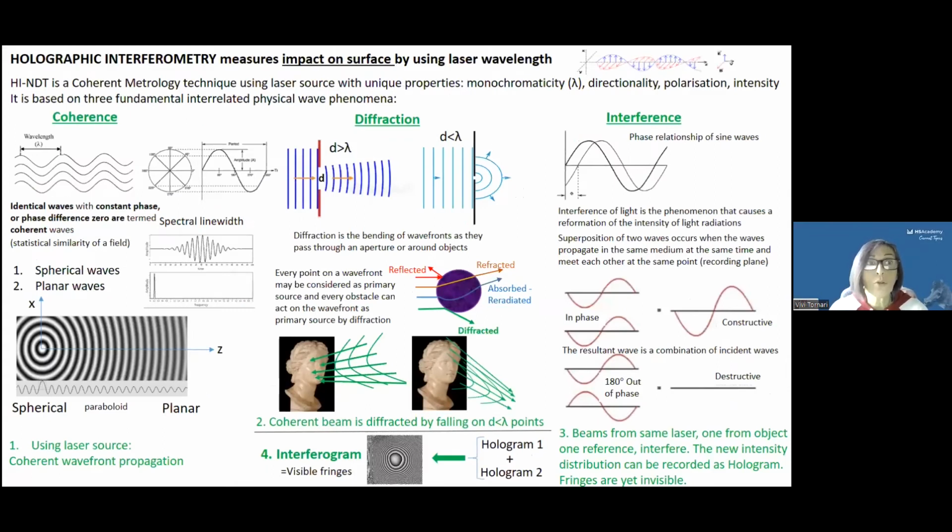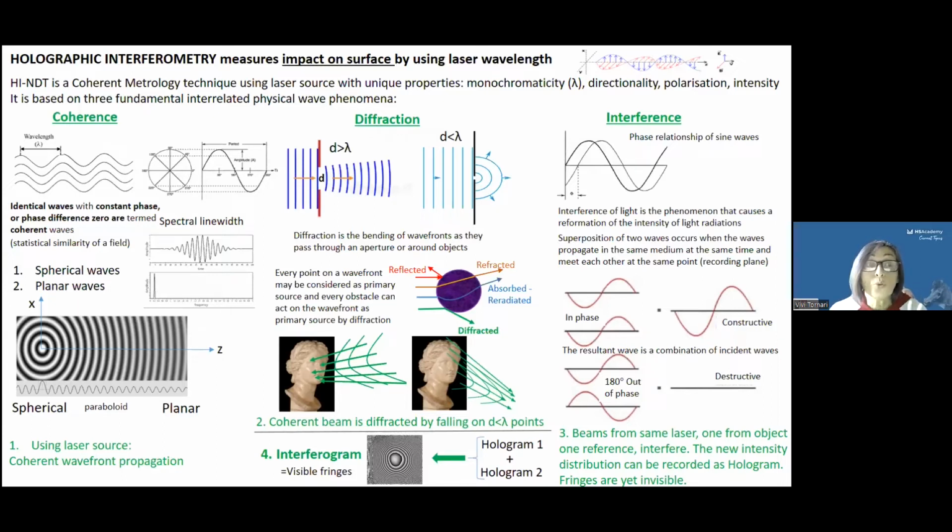That's why I introduce to you the holographic interferometry technique, because by using holographic interferometry, we actually take the information directly from the surface of the object, and we take this information by using the laser wavelength.